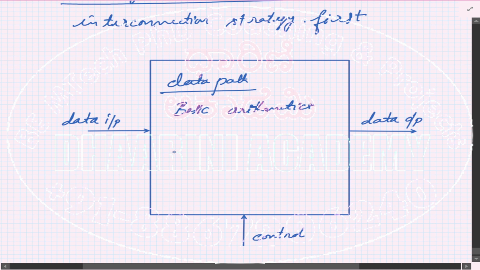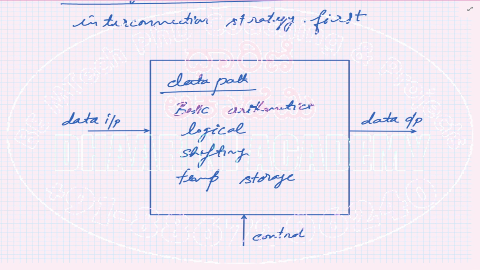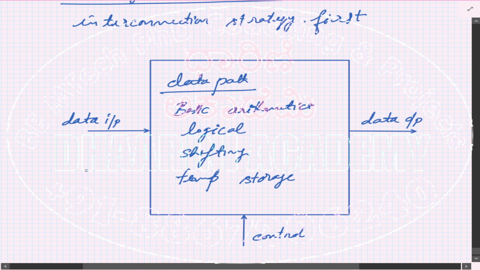First thing, then logical operations. Then you need to perform the shifting operations, right? Then you also need, as I mentioned earlier, temporary storage of operands. This is one option. Data will be provided from one side.